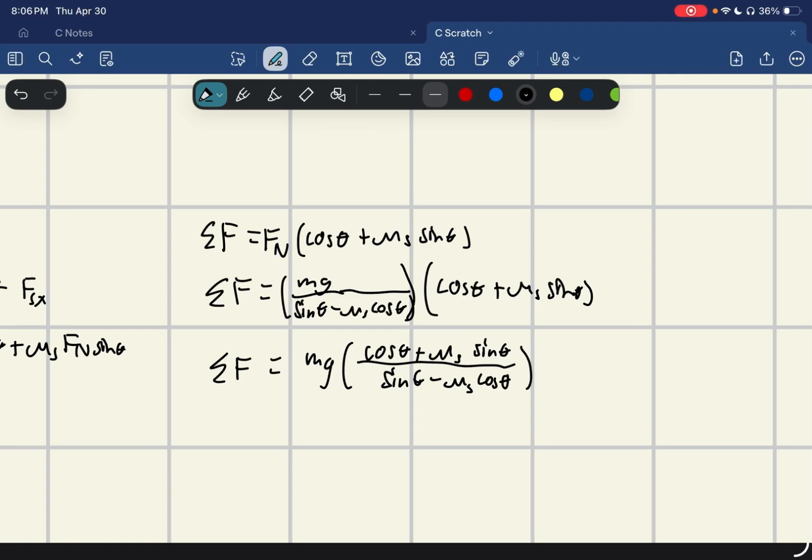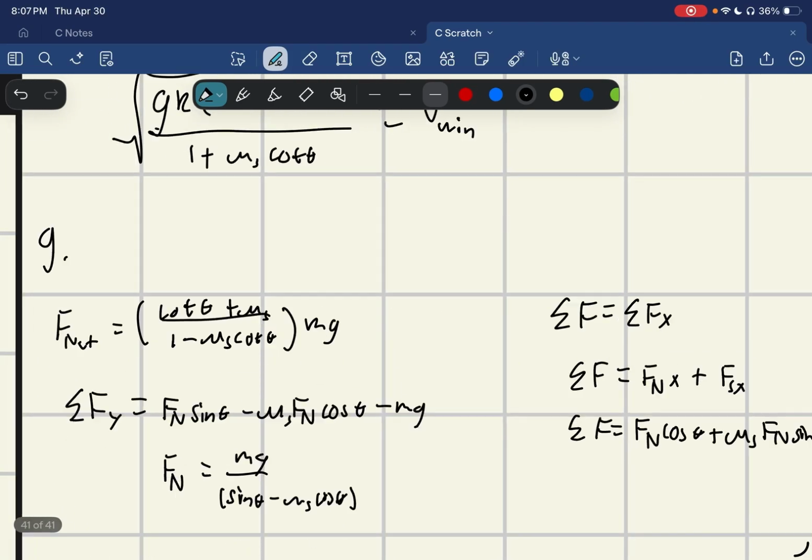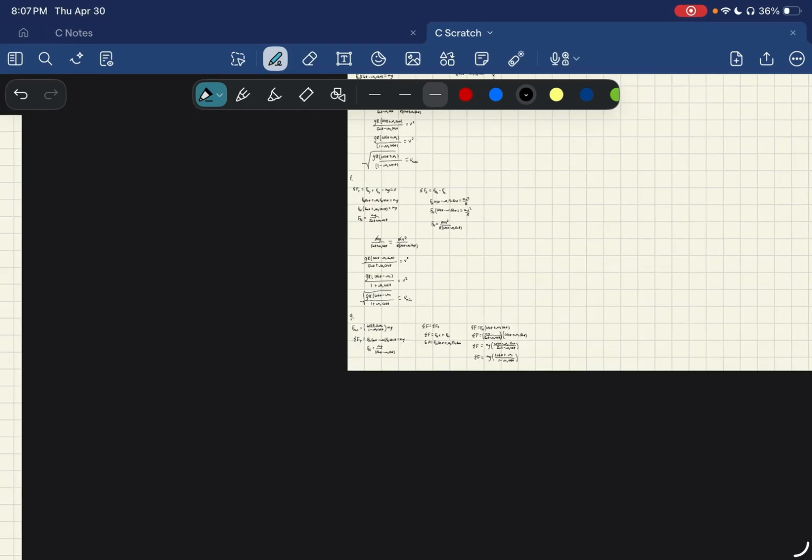And then just like in the two previous parts, we're going to divide everything by sine. So net force is equal to mg times cotangent theta plus mu s all over 1 minus mu s cotangent theta, which matches up with what they wanted us to prove. Okay, that is FRQ 3.